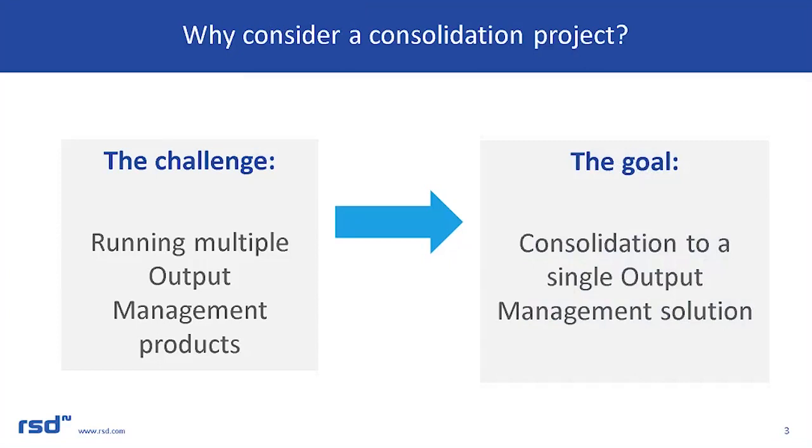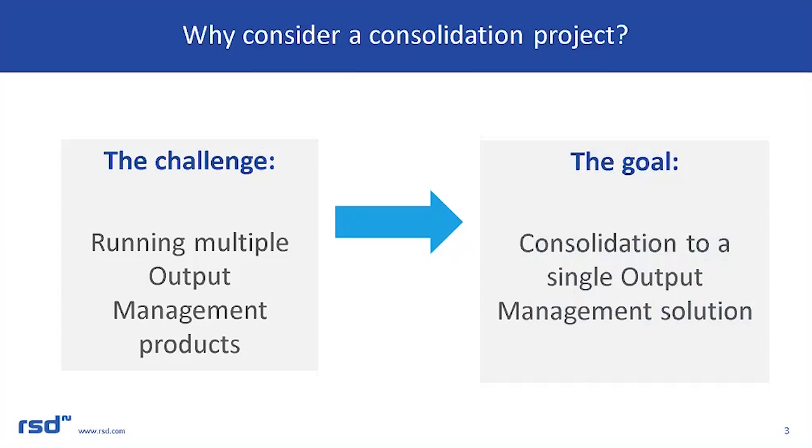First and foremost, why consider a consolidation project? Many of our customers have multiple output solutions in their environments. This situation may be present for many different reasons, including acquisitions, mergers, consolidations, or different lines of business in a company investing in different solutions over the years.